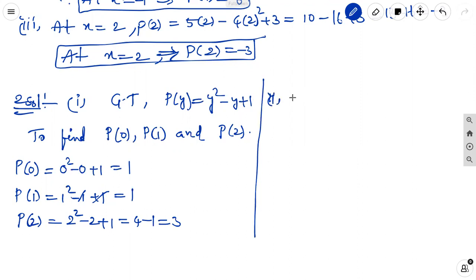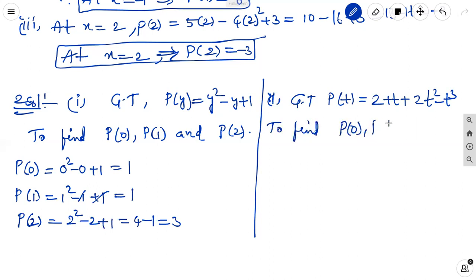Second solution. Given that p of t equal to 2 plus t plus 2t square minus t cube, again to find p of 0, p of 1 and p of 2. Substitute t equal to 0: p of 0 equal to 2 plus 0 plus 2 into 0 square minus 0 cube is simply 2.